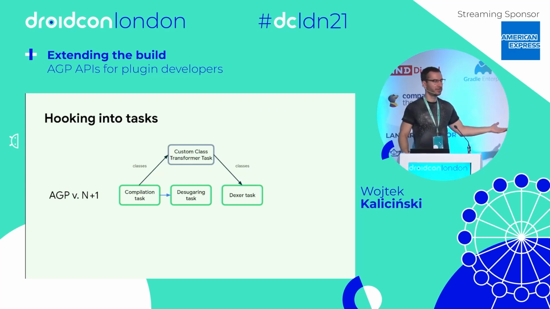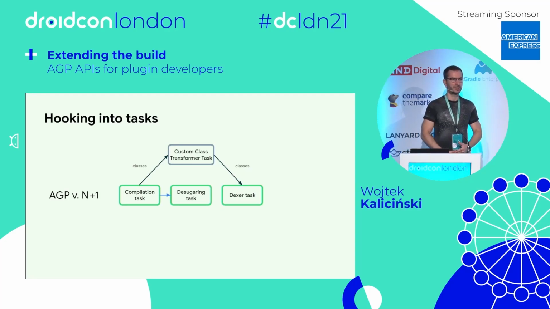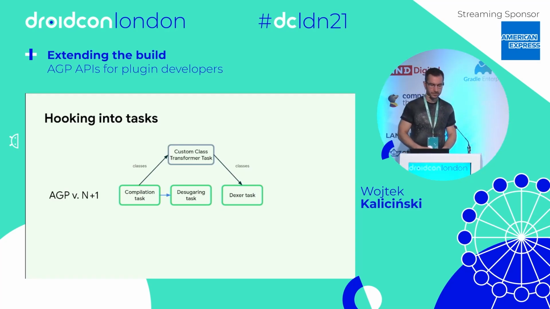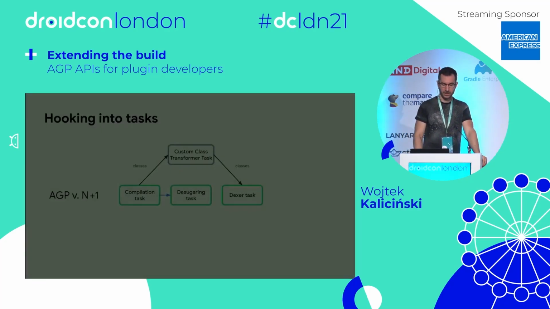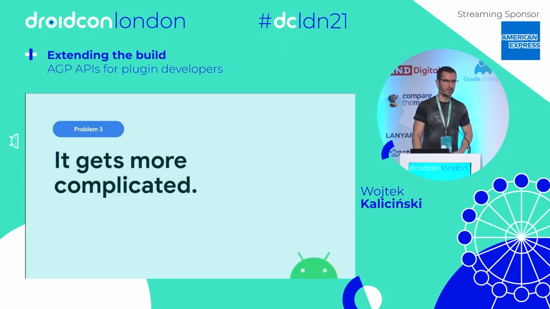And so you take the wrong version of the classes. The desugaring task maybe doesn't run, or maybe it runs, but we discard its output. And suddenly, the whole build either breaks or is incorrect. And that's not something we want to happen. So I'll show you in a second how we can deal with this. And then AGP is not a simple plugin. It gets even more complicated than that.